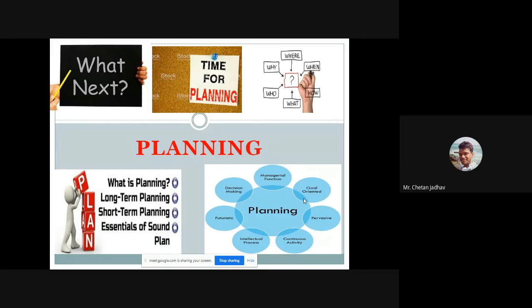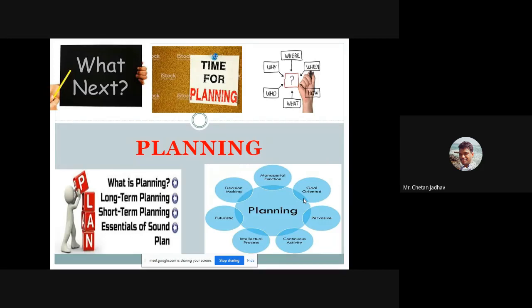So before going to planning we have to ask these four to five questions to ourselves: why, where, when, how, what, and who. These are some basic questions we have to ask before planning. Then only will we get a better idea for doing any planning.